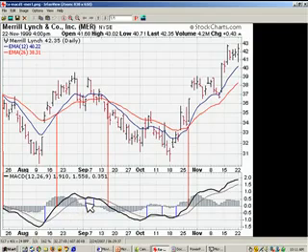Here again, the MACD crossovers, and here is the actual moving average crossovers, and then again, finally, the MACD crossing over, and it wasn't until much later that the moving average actually crossed over.